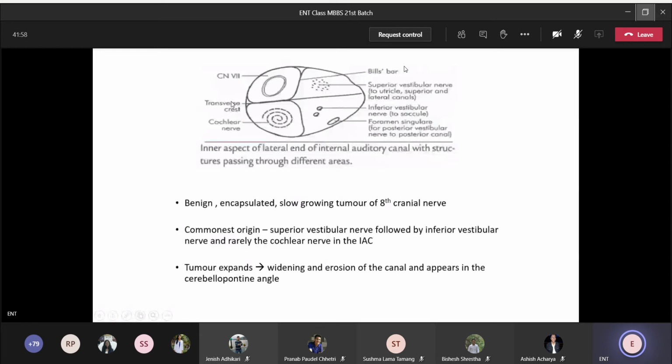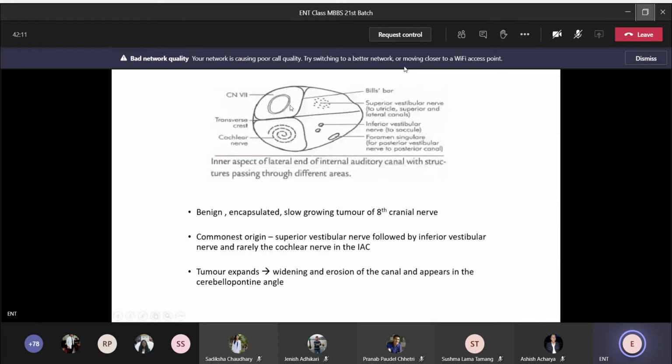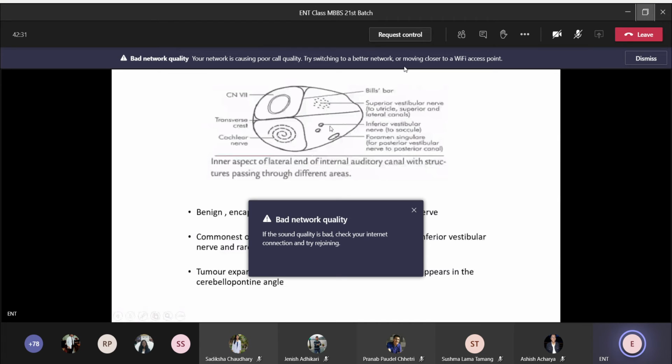And then it is again divided by a plate, which is known as Bill's bar, into two segments. So there are four quadrants. Here lies the inferior vestibular nerve, and there's a foramen singulare too.